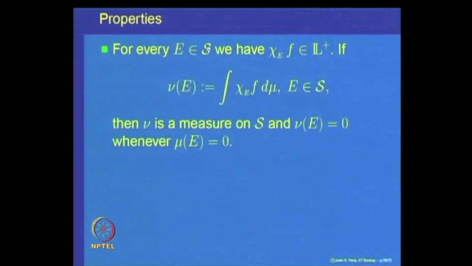So this proves the fact that this measure nu of E, which is constructed as the integral of chi E f d mu, is a special measure which has the property that its null sets, nu of E is 0, whenever mu of E is 0.